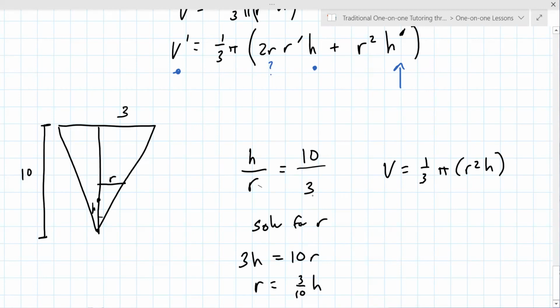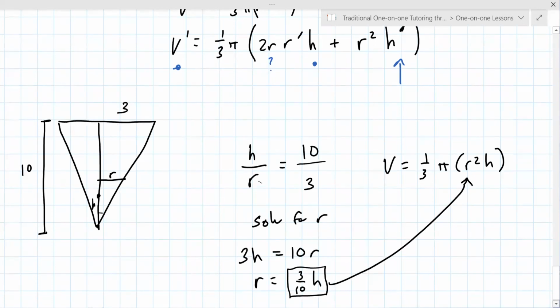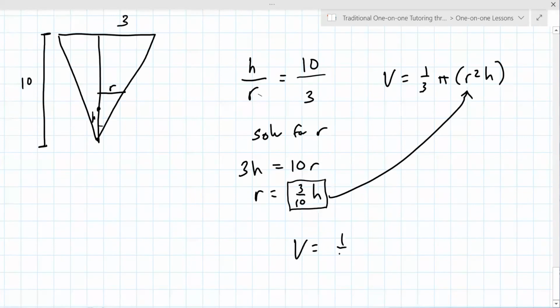If this isn't clear, just figure out a way to remember it in case you get a problem like this on the exam. This won't come up again in your class. So this gets put in here. Volume is 1/3 pi times 3 over 10 h squared times h.